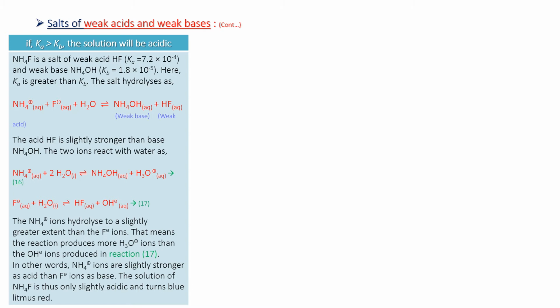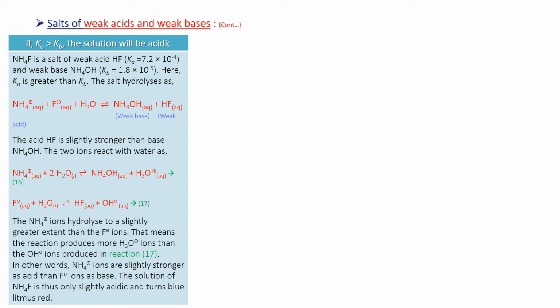It is a salt of a weak acid, that is HF, which has a Ka value of 7.2 into 10 raised to minus 4, and a weak base, that is NH4OH, which has a Kb value of 1.8 into 10 raised to minus 5. Now in this case your Ka will be greater than Kb, as you can see from the values.